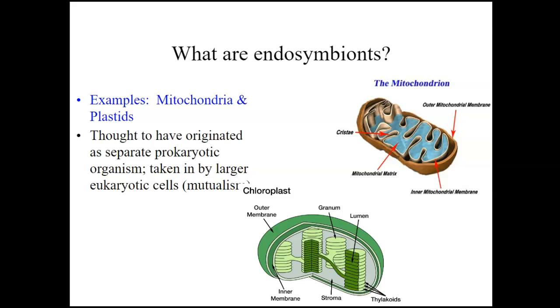The idea is that it started out as a mutualism relationship between two different cells. Maybe one of those cells was better at extracting energy from food, what's now the mitochondria. Maybe some were good at capturing light energy and producing carbohydrate from that. And that became this relationship.